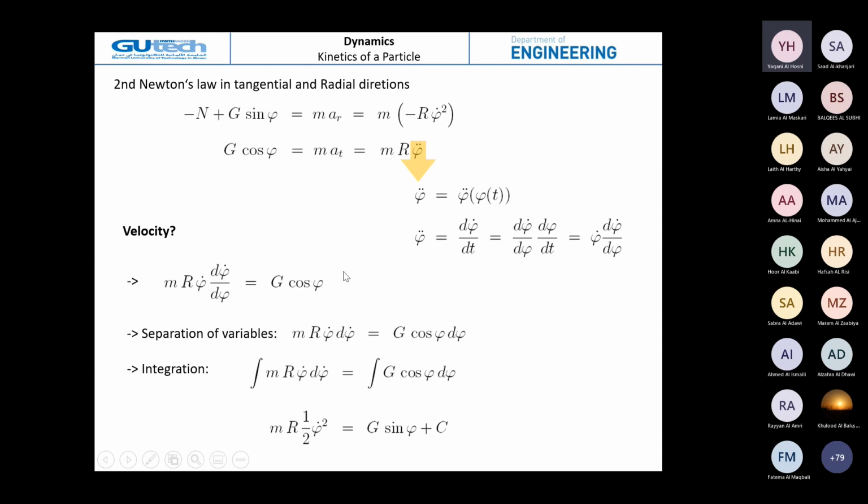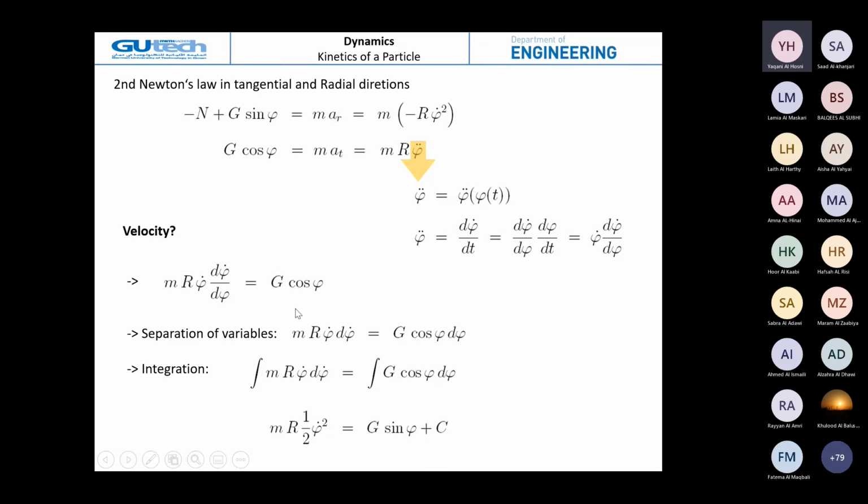Now, if we replace phi dot dot here, we get the mass multiplied by the radius, the angular velocity, and multiplied by the derivative with respect to the angle phi of the angular velocity, equal to G cosine phi.